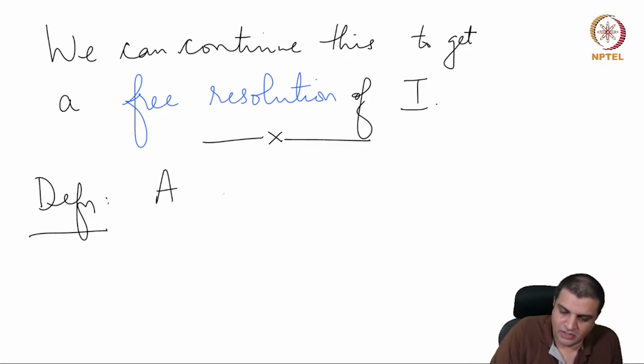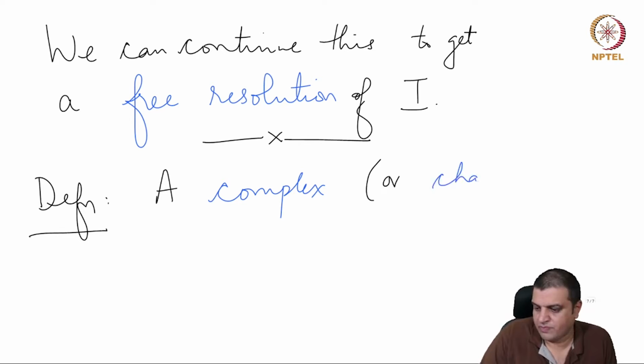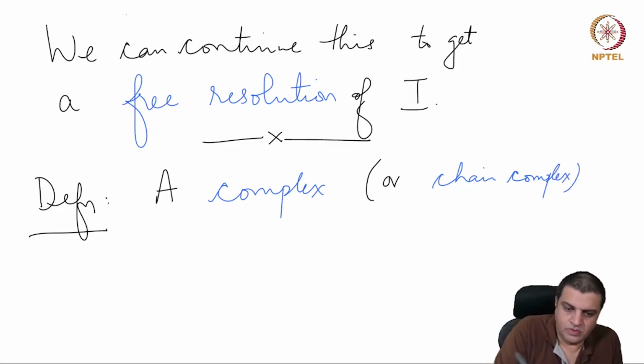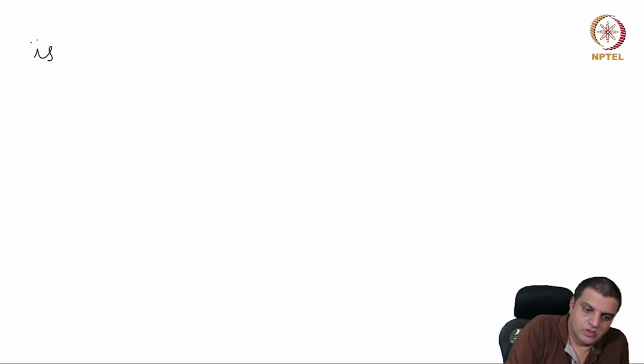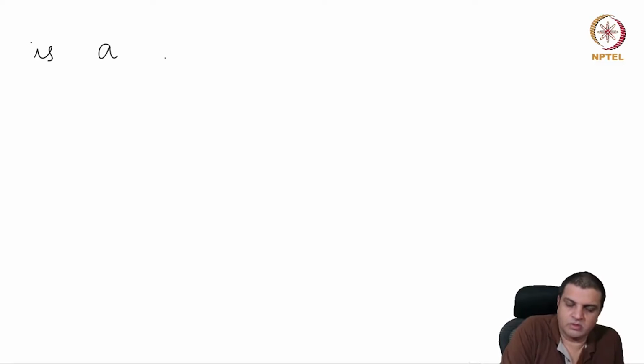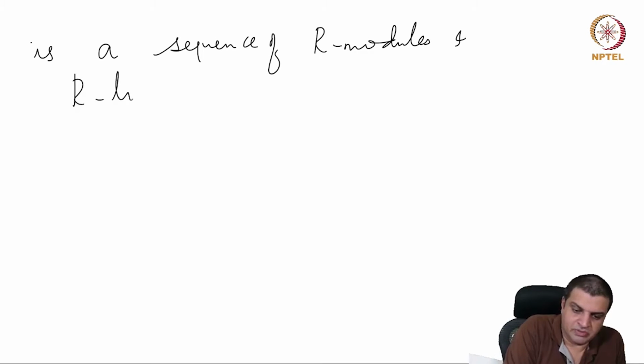Okay, complex. Technically a chain complex, but we'll just always refer to it as complex, or more precisely, chain complex, of R modules, is a sequence of R modules and R linear maps.